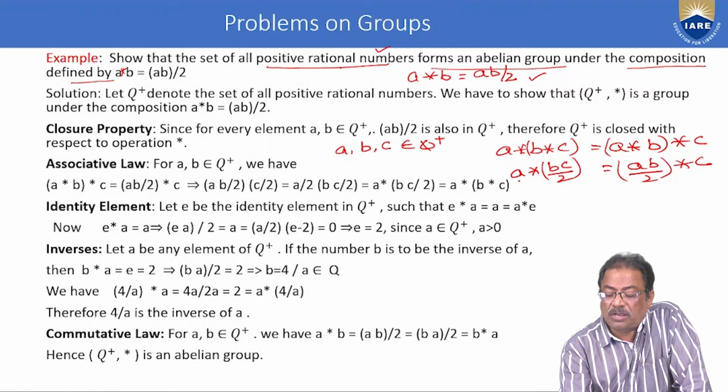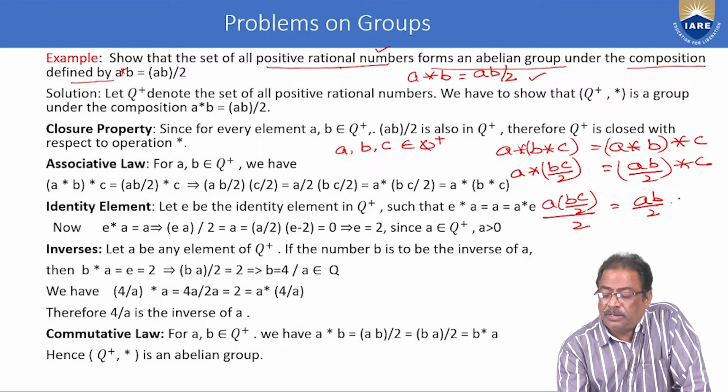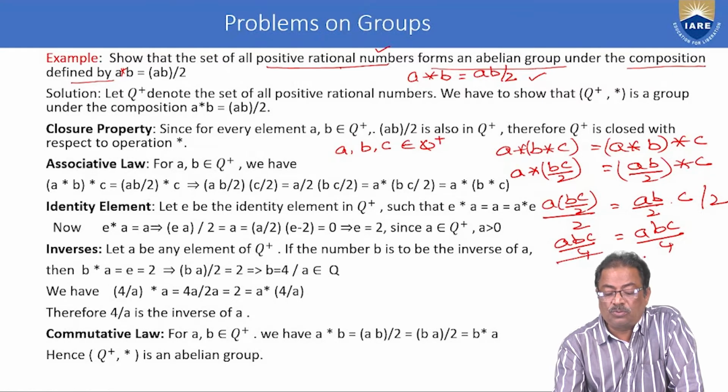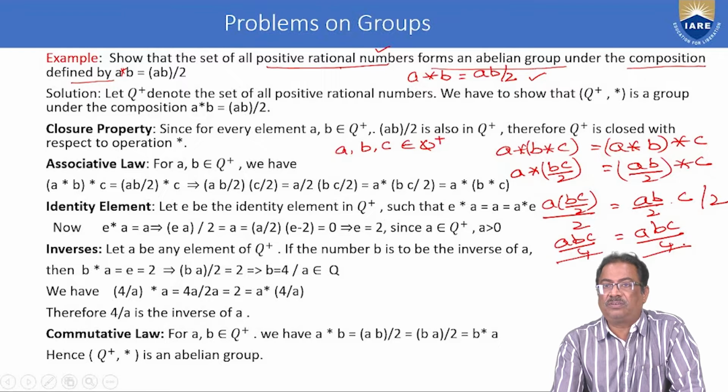Or else A star (B star C), once again the same operation, is A into BC by 2, by 2, which is ABC by 4. So obviously both are the same, and we can say that it satisfies associativeness.